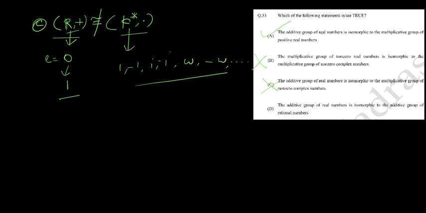Next, option D. The additive group of real numbers is isomorphic to the additive group of rational numbers.